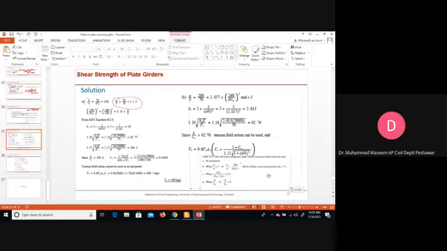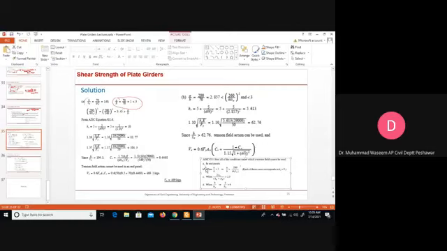Now A by H value is less than 3. So it is not greater than 3. It means there is a tension field action, because A by H value is not greater than 3.